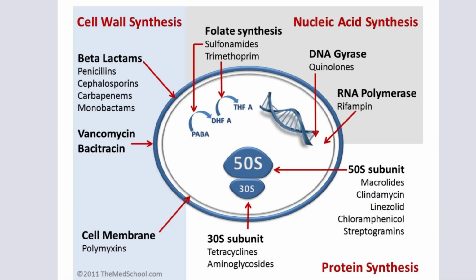So antibiotics can be classified based on how they act against bacteria. As we said, some antibiotics destroy the bacterial cell wall. Examples are penicillins, cephalosporins, vancomycin, bacitracin. Some other antibiotics block protein synthesis, like tetracyclines, aminoglycosides, macrolides, chloramphenicol.